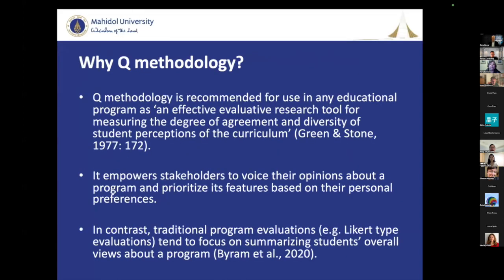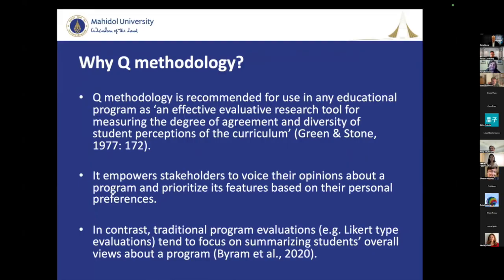Why Q methodology? In my university, for example, at the end of each course, at the end of each semester, students will be asked to evaluate the course, and they are presented with a list of Likert type items. And what we got was more like a level of satisfaction.